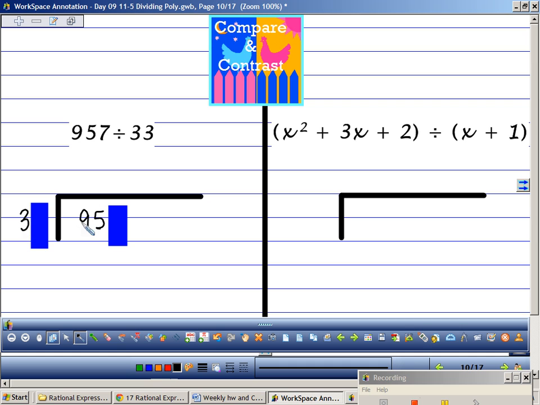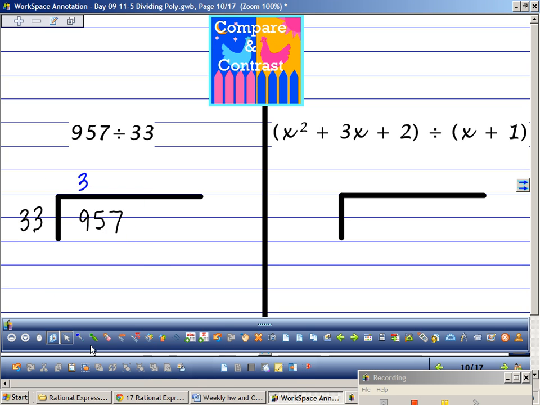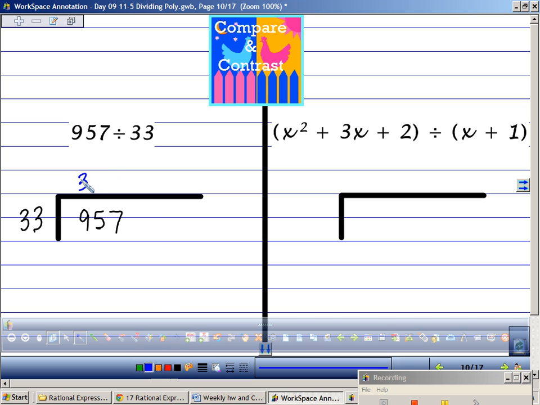How many times does 3 go into 9? 3 times. Let's change our color. Now, if I were to try and figure out, let's take this. What am I going to multiply first? When you multiply 33 times 3, what do you multiply first? The ones place, right?